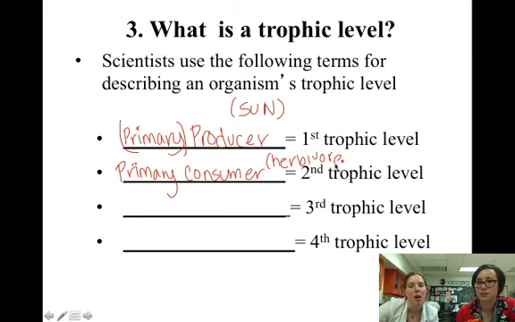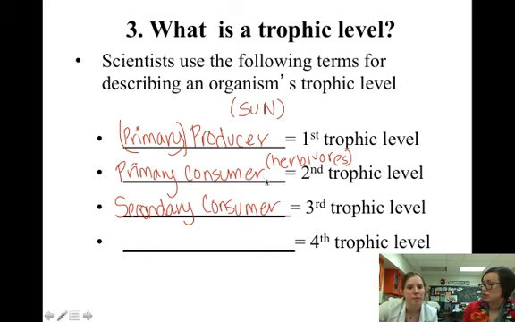Right. All right, our next level is our secondary consumers. And our secondary consumers are going to be, in most cases, consuming our primary consumers. So in most cases, they're going to be eating other animals, which would make them a carnivore.